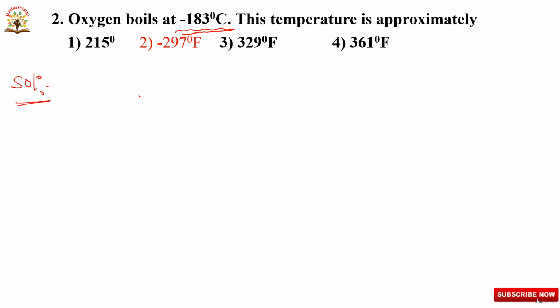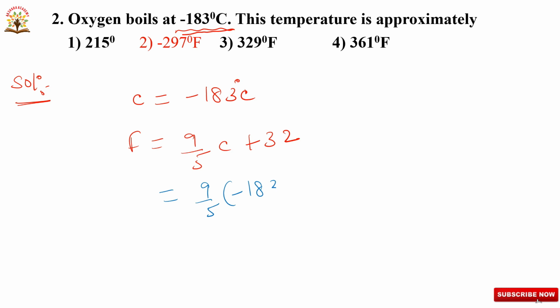Here they given C is equals to minus 183 degree centigrade. Now we are converting this centigrade in terms of Fahrenheit. So the relation F is equals to 9 by 5 C plus 32. Now substituting the C value, 9 by 5 of minus 183 plus 32.